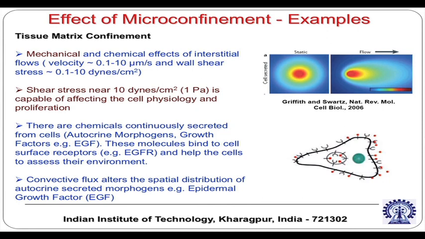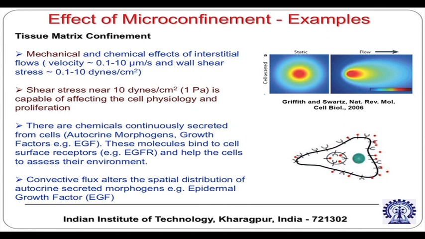Shear stress near 1 Pascal is capable of affecting the cell physiology and proliferation. Not only that, there are chemical effects also. There are chemicals which are continuously secreted from cells. There are certain chemicals, and we will study these very carefully. These may be autocrine morphogens, growth factors like EGF.